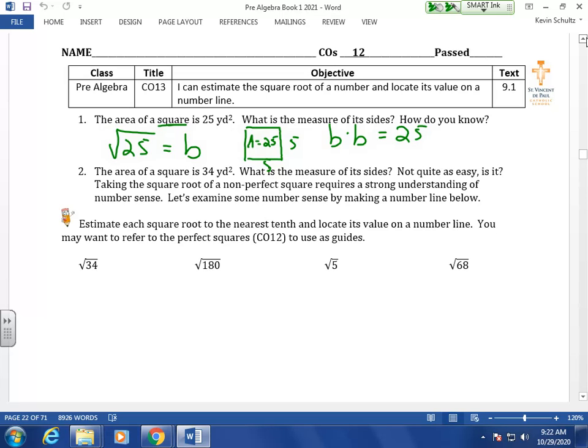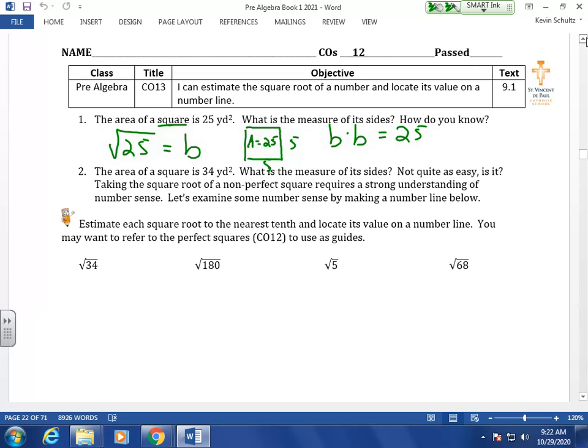Right? This wouldn't work with a rectangle, because in a rectangle, base and height are different. It wouldn't work with a triangle because that's base times height, then you got the half in there too. But with a square specifically, okay, knowing that those two side lengths are the same, we can take the root of the area to get the length of that side. Follow me so far? Okay?